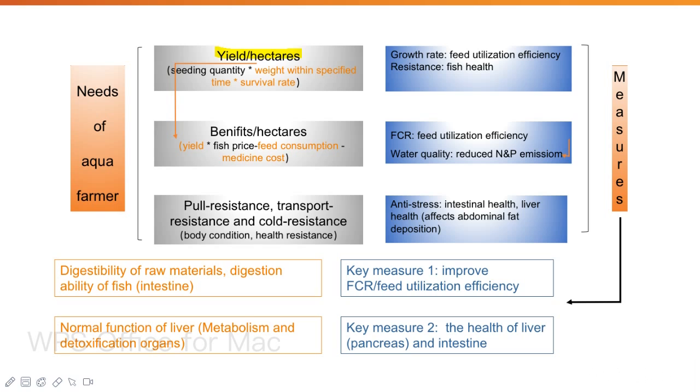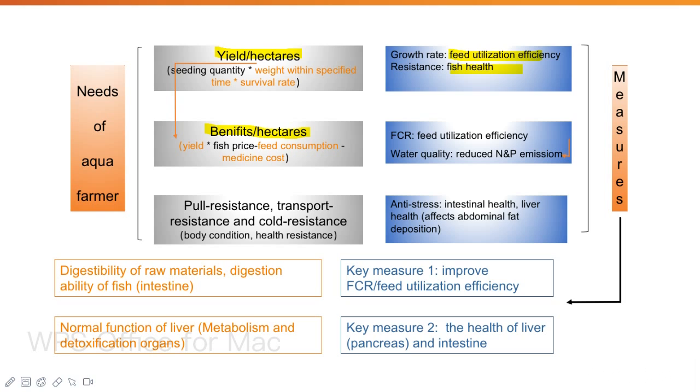The seeding quantity is determined by the farmer based on the actual load of the pond, which is basically a relatively fixed value, and the body weight in specified time is affected by the growth rate, that is, the feed utilization efficiency, and the survival rate is determined by the ability of anti-stress, that means the physical health of the aqua. So we can say the feed utilization efficiency and the physical health of the aqua are important factors for production yield.